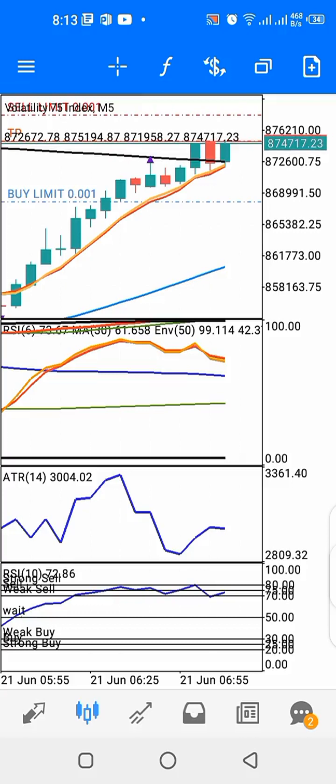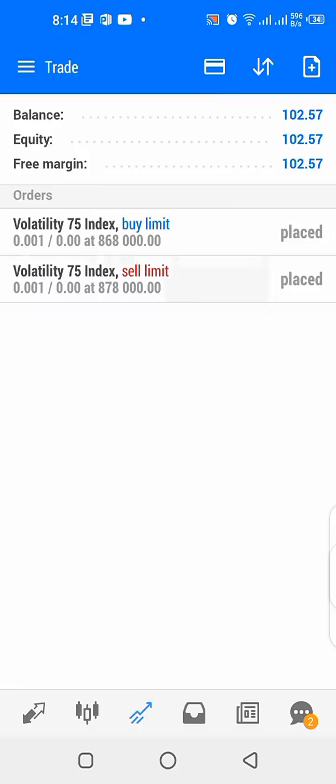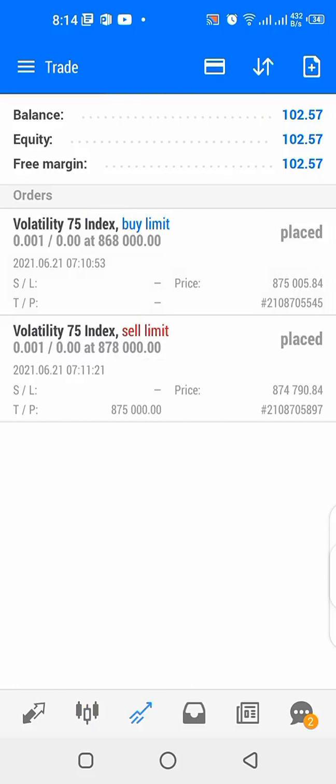Now for my sell limit, I've just placed 30 pips take profit. If price should trigger my sell limit, I expect price to drop about 30 pips, so that I'll get about $3 in profit. Then for the buy limit, I expect price to trigger my buy limit and go up another 30 pips.